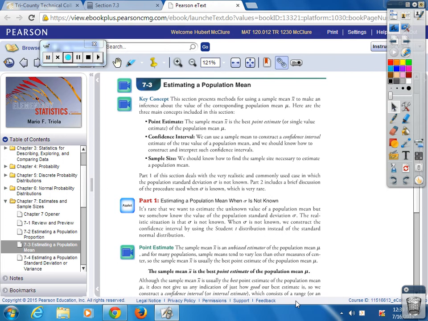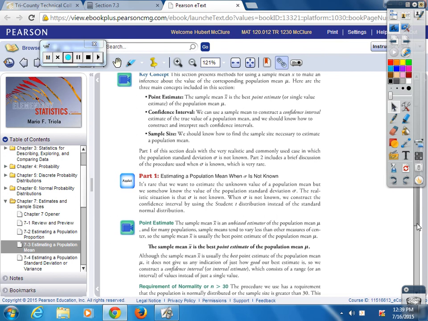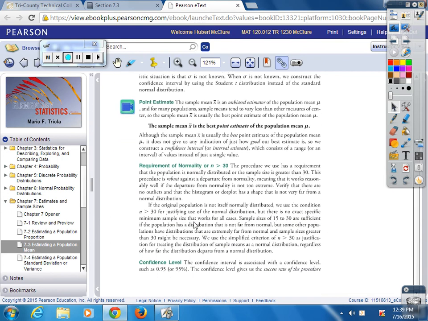I show you how to do it, but most of the time, you're going to be finding 90 to 99%. Of course, requirement of normality or n is greater than 30, that still applies. Most of them will say normally distributed, so you won't have to worry about it.